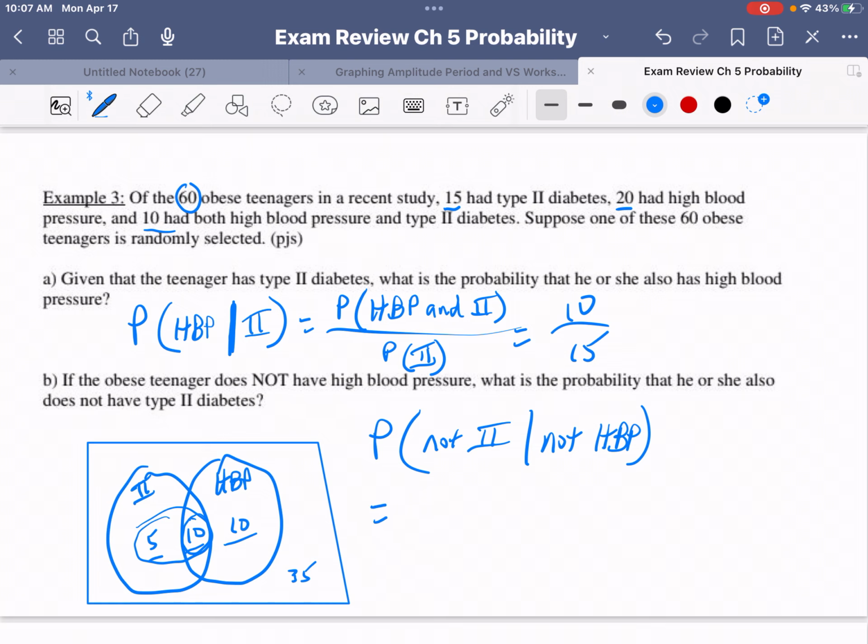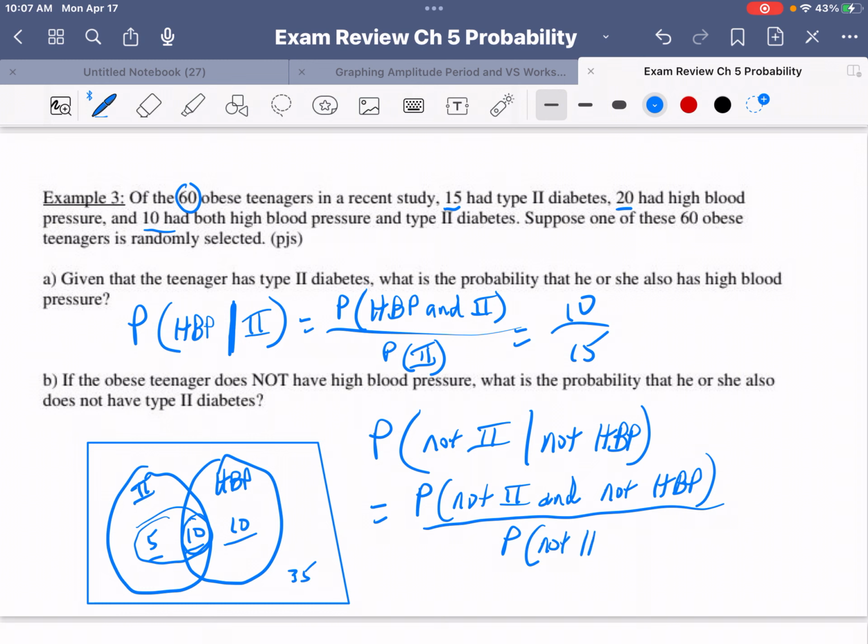Okay, well by the conditional formula, that's the probability of not type 2 and not high blood pressure divided by the probability of not high blood pressure. Okay, well, let's see how that's going to work out. Not type 2 and not high blood pressure. That's these people. Oh, so my numerator is 35.